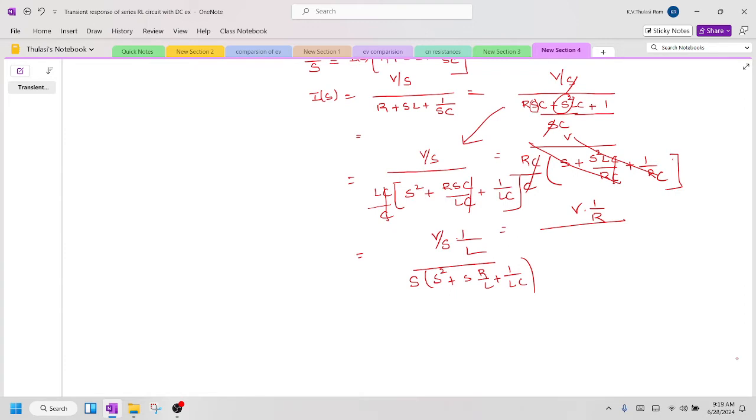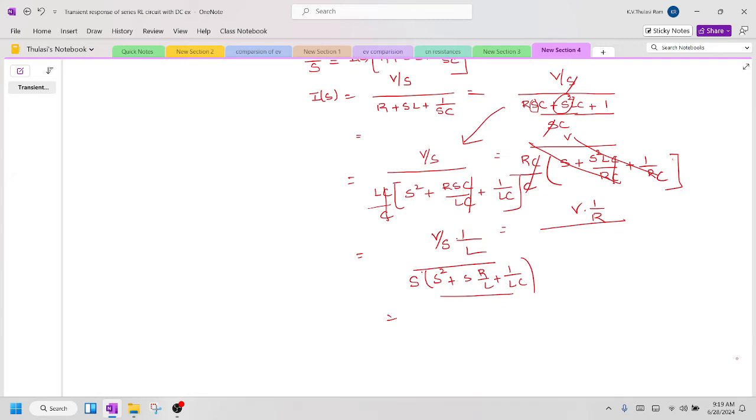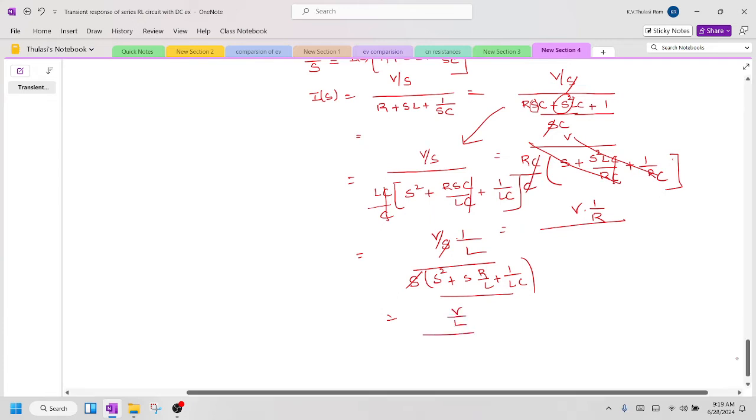Now let us try to solve this expression. So here S also will get cancelled out, and ultimately you are going to get V by L. So the ultimate equation after solving is V by L divided by S square plus S into R by L plus 1 by LC.